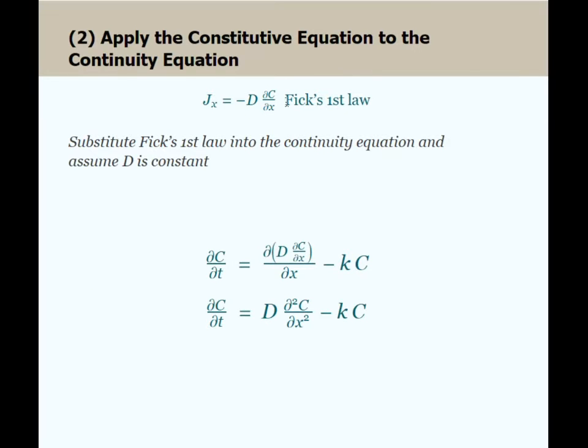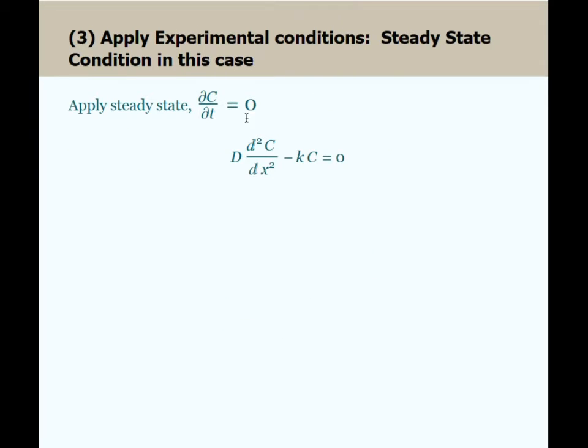All right, so then we move on to the next step. We take Fick's first law and put that into our equation, and then we take this derivative, D being constant, and we'll have a second order equation. We can apply our steady state condition, and so we end up with this form here.